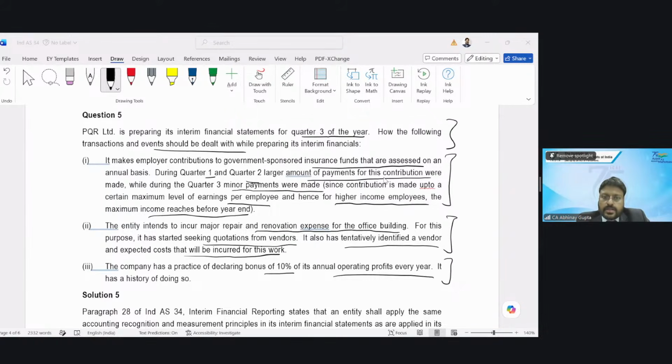So Saminathan is saying because it has the past record, we need to accrue this bonus in quarter three. Okay. Manish is saying the bonus has been recognized spread over the whole year. Okay.